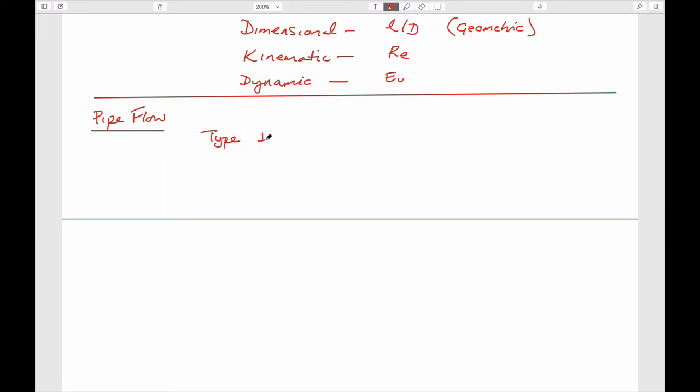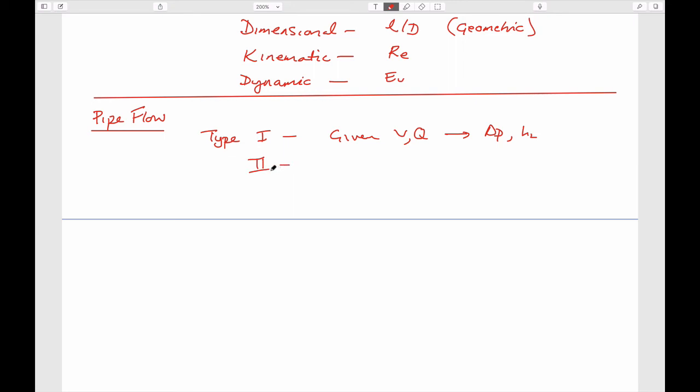Type 1 is the easiest because you're given a velocity or a volumetric flow rate, and you want to calculate a pressure drop in the system, maybe, or the head losses in the system. And it's easiest because you don't have to iterate because you're given a magnitude of velocity.